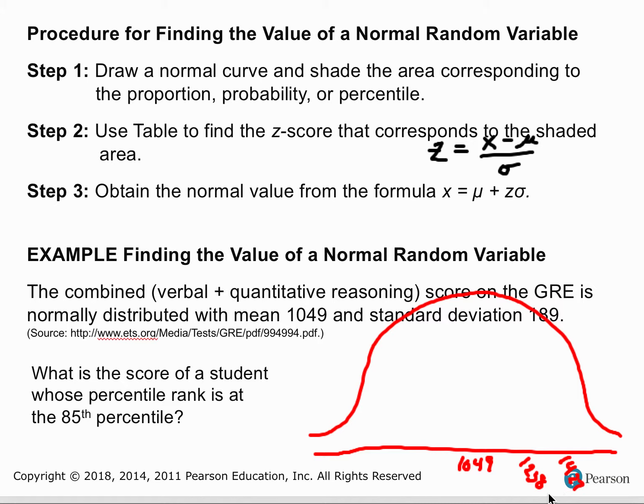I'm going to add 189, 1616. Then I'm going to go back to 1049. I'm going to subtract 189, 860. I'm going to subtract 189, 671. I'm going to subtract 189, 482.